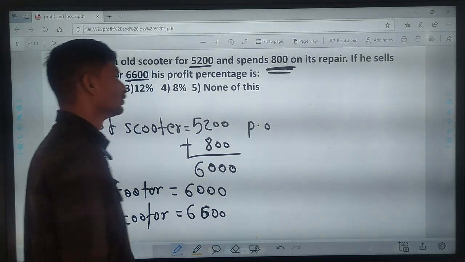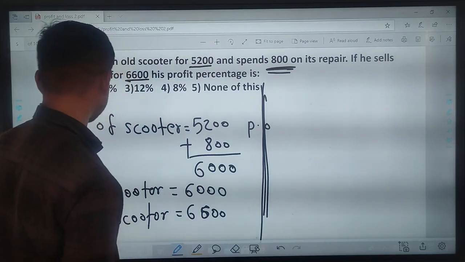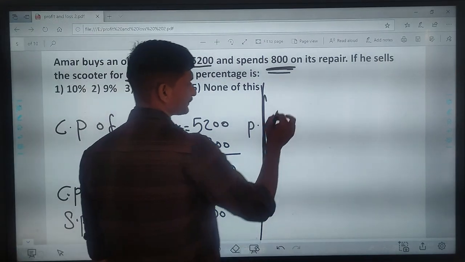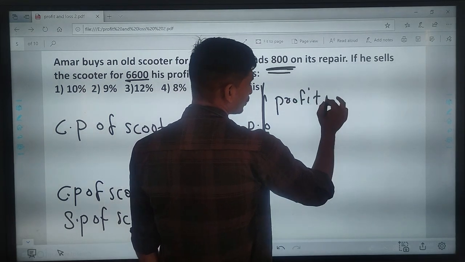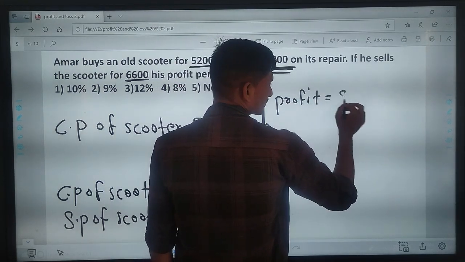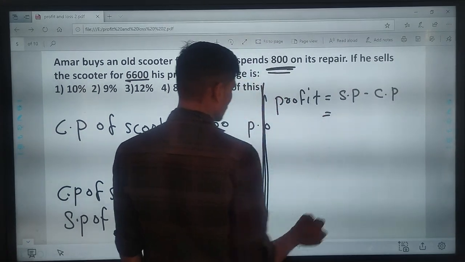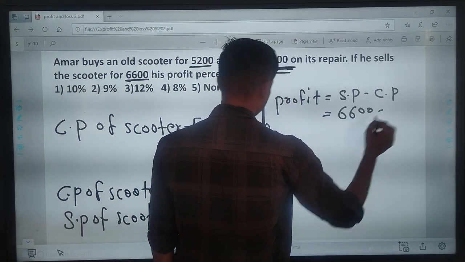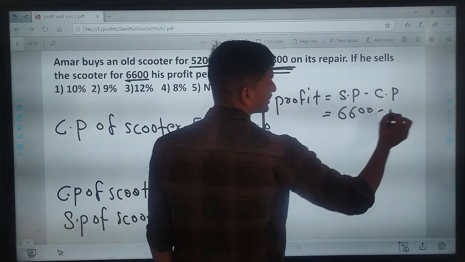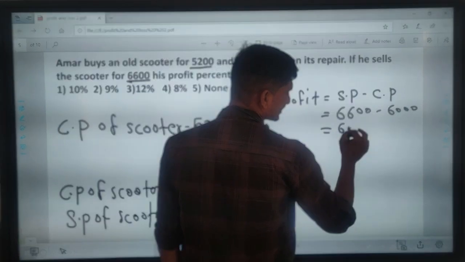Now here your profit is selling price minus CP. Your selling price is 6,600. Your CP is 6,000. Now profit is 600.